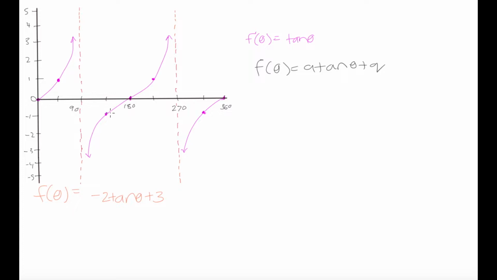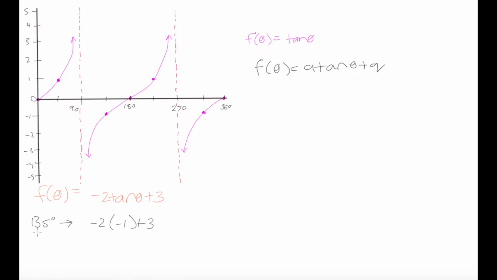We know that at 135 degrees, tan of 135 degrees is negative 1. We can see that here. So if tan of 135 is negative 1, well, first let's just write down 135 degrees. So we know that tan of 135 is negative 1. That means that this function is going to become negative 2 times negative 1 plus 3.